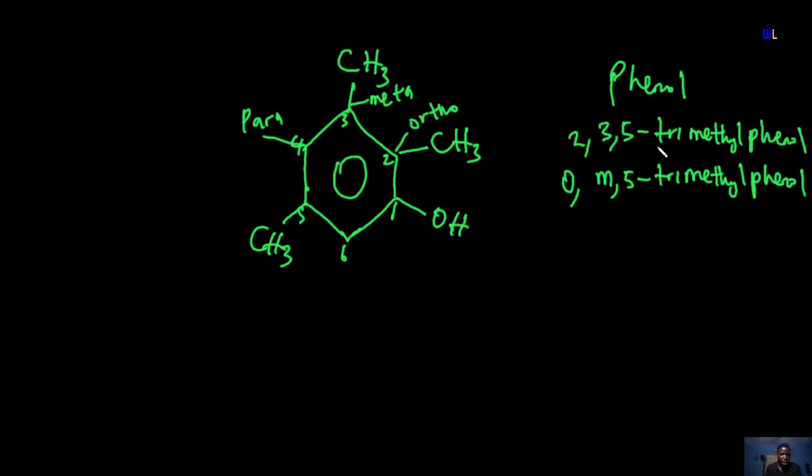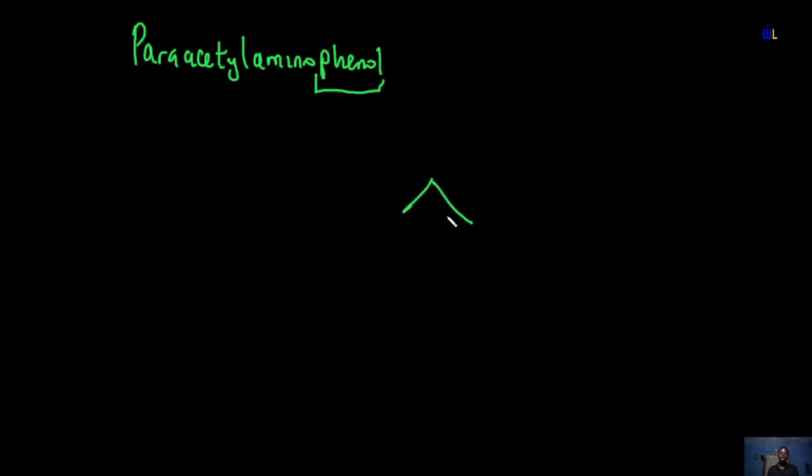Now, I mentioned paracetamol, and as I said, the IUPAC name for paracetamol is basically para-acetylaminophenol. Okay, so let's break this down. As you notice, because you are seeing phenol as the suffix, it implies that the phenol here is the functional group of highest priority.